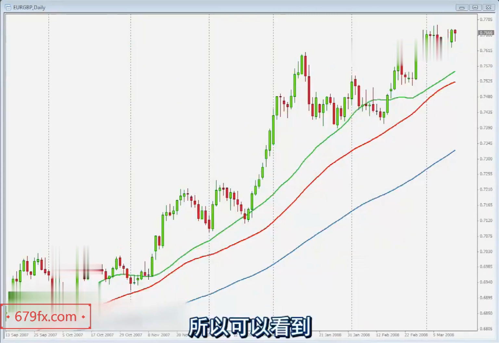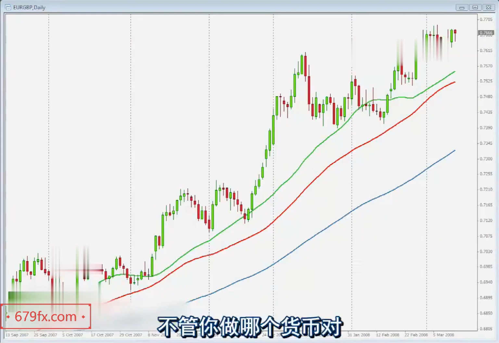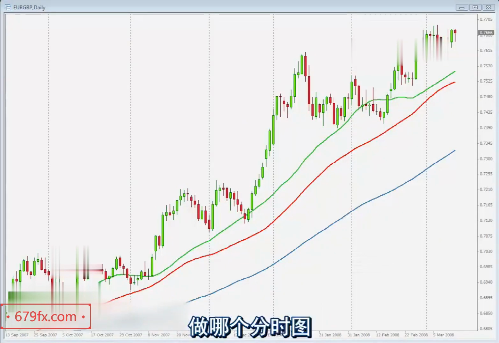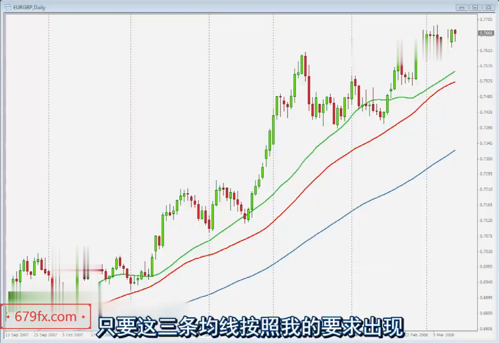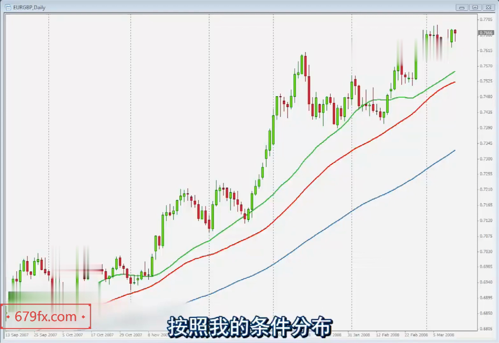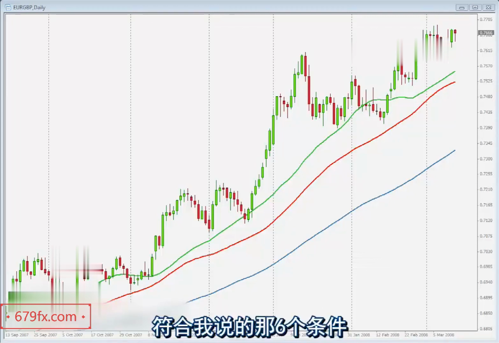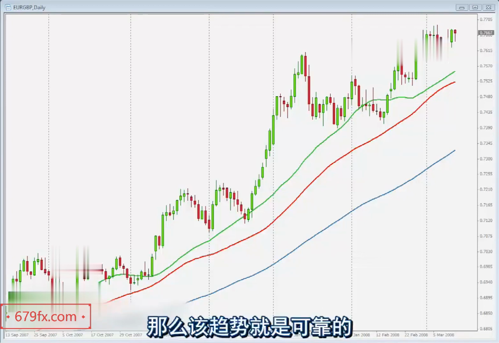So as you can see, no matter what currency pair you like to follow, no matter what time frame you like to base your trades on, when those 6 conditions apply, when they all fall in line, and the moving averages are lining out as I like them to be, as I like them to plot in my chart, with those 6 conditions falling in line, you are looking at a solid trend.